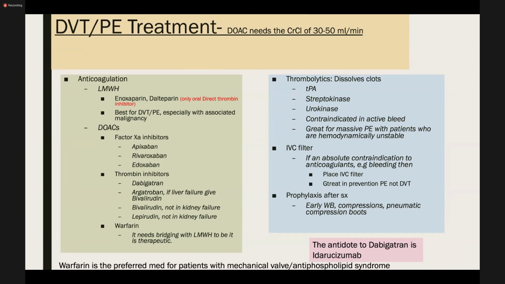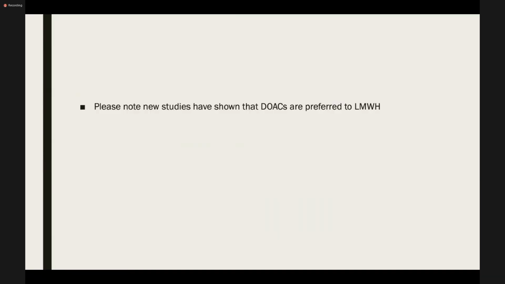If a patient has a cranial bleed, do you want to give them anticoagulant? Absolutely not. Give them a pneumatic compression boot or compression socks.